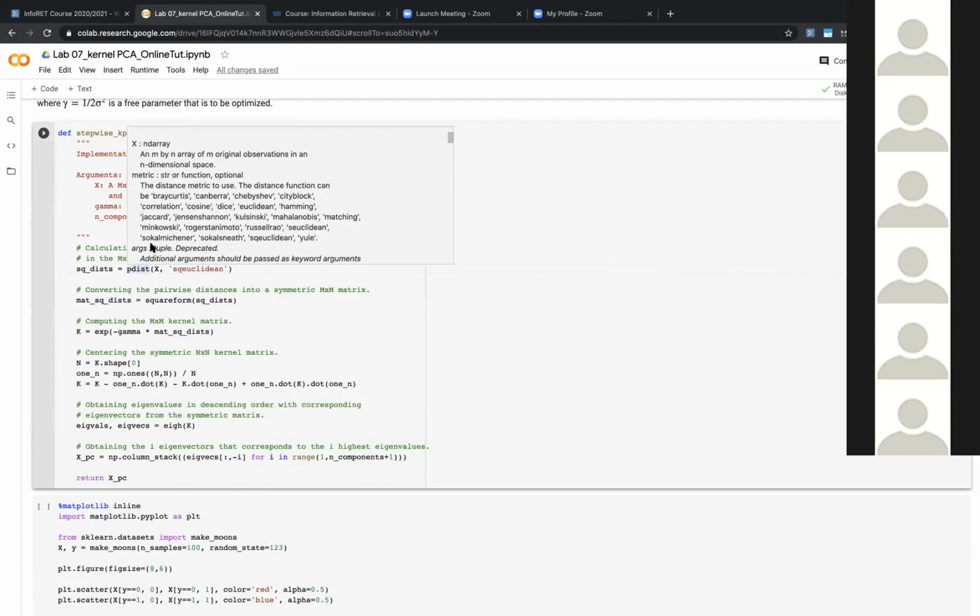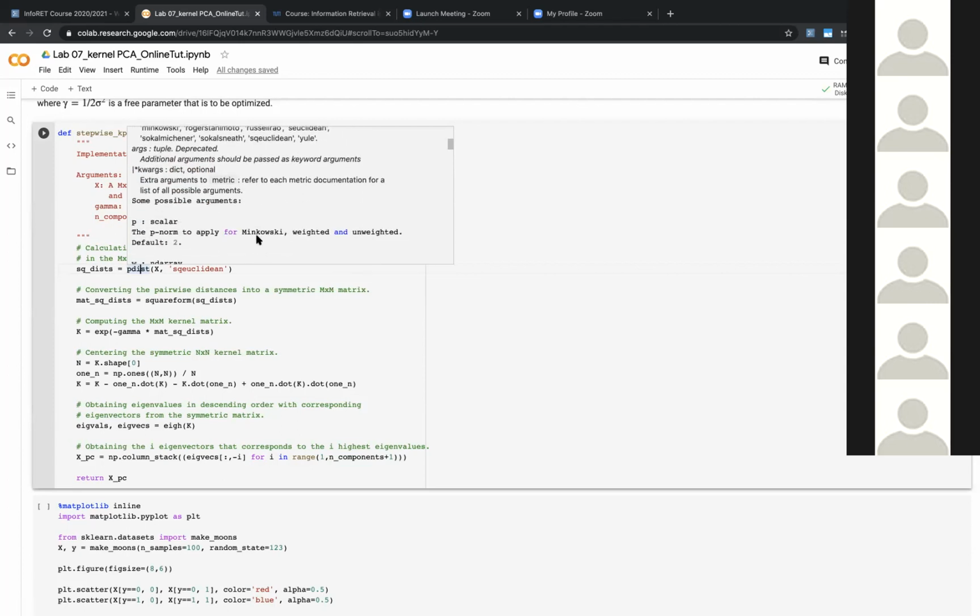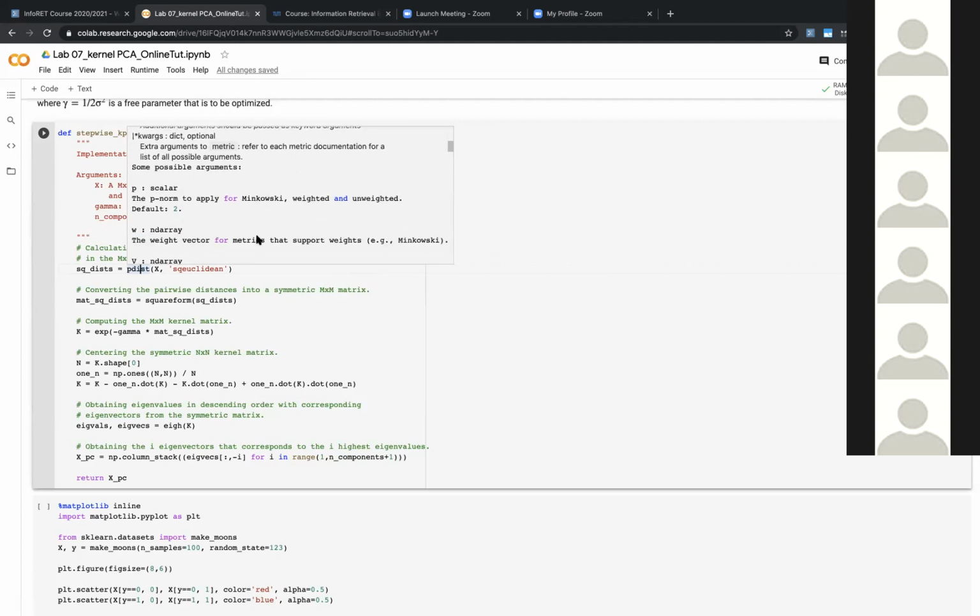And then we have the metric, and the metric we are using is squared Euclidean. You have quite a variety of metrics here, depending on which distance metric you want to use. You could use Chebyshev, Hamming, simple Euclidean, cosine, squared Euclidean, and so on. Let's not go into detail because I think you are smart enough to figure it out further.